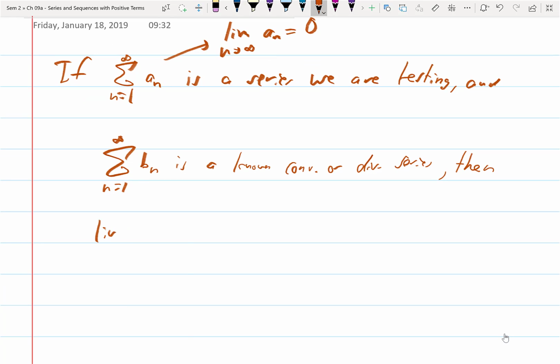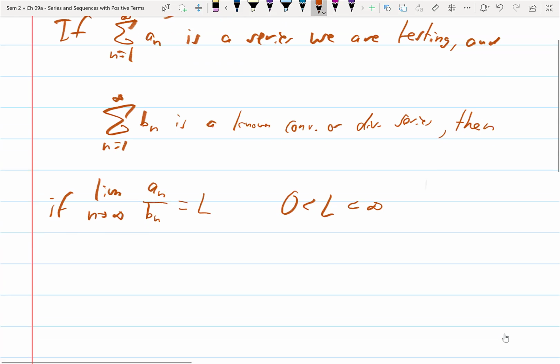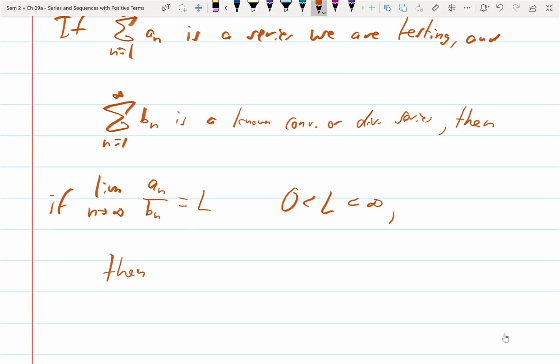then if the limit as n approaches infinity of a sub n over b sub n equals L, for L between 0 and infinity, then the sum from n equals 1 to infinity of a sub n and the sum from n equals 1 to infinity of b sub n are both convergent or both divergent.